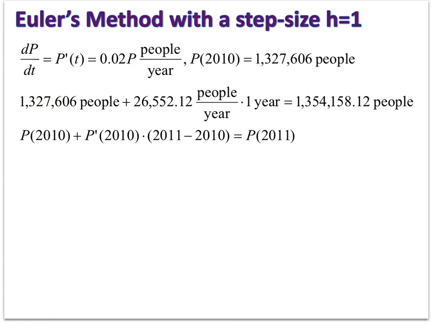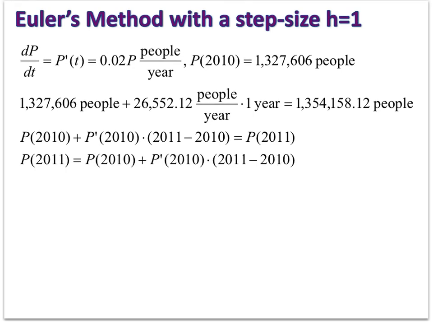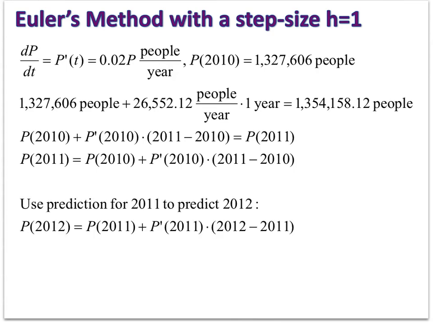I found this value by taking my rate of change times the population, so that was my rate of change per year, and then times 1 year. So now I can say 2011 was predicted. All I did was turn these around by taking the previous value. I could use 2011 to then predict 2012.